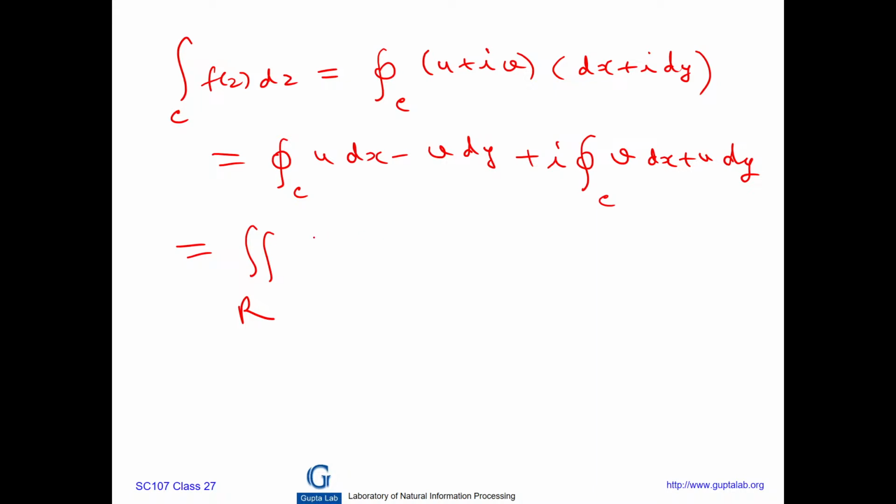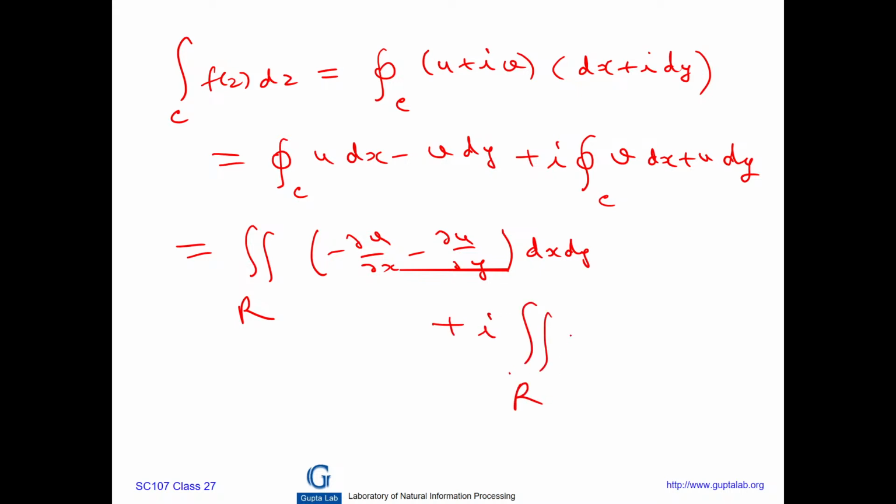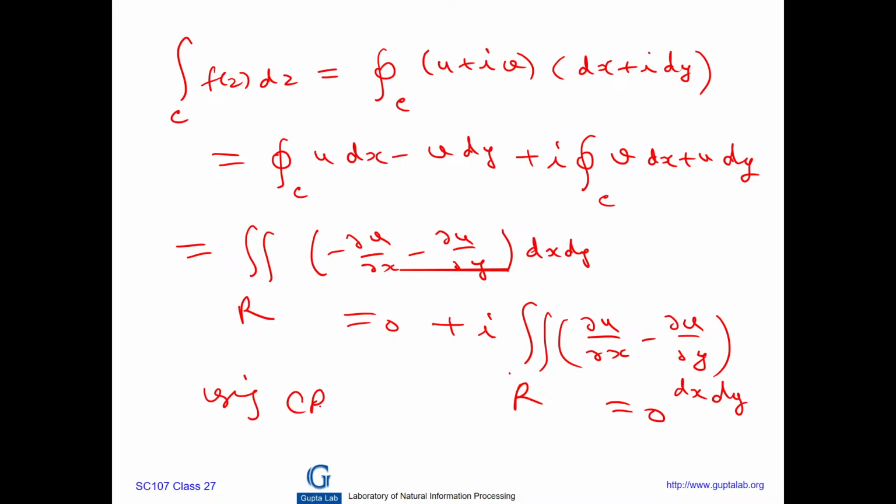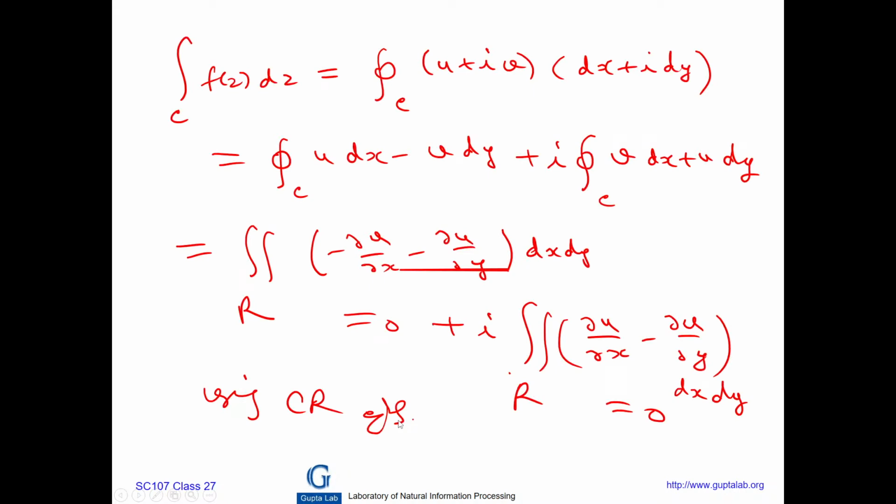So this will be the double integral of minus del v over del x minus del u over del y dx dy plus i times the double integral of del u over del x minus del v over del y dx dy. So both are 0 using the Cauchy-Riemann equations. How? Because del u over del x is del v over del y, so this is 0, the first condition, and similarly the second condition, right? So the whole thing is 0.